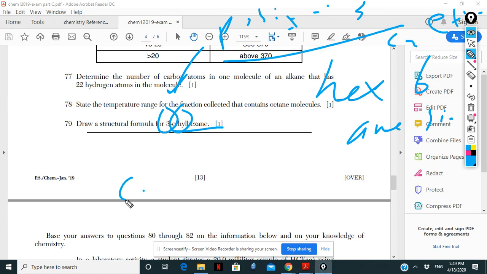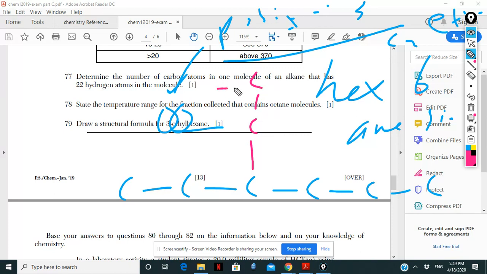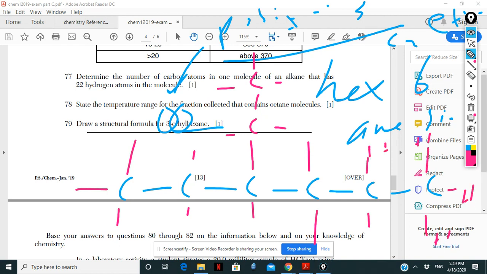Now I draw C, C, C, C, C, C, so 1, 2, 3, 4, 5, 6. Now the substituent on number 3 is an ethyl group. Now I can add the hydrogens. So here is hydrogen, hydrogen, hydrogen, hydrogen.